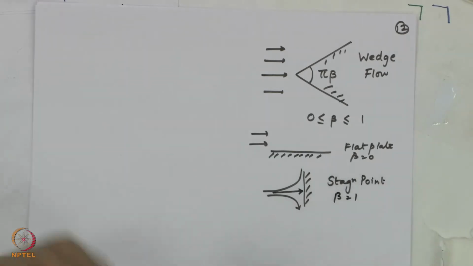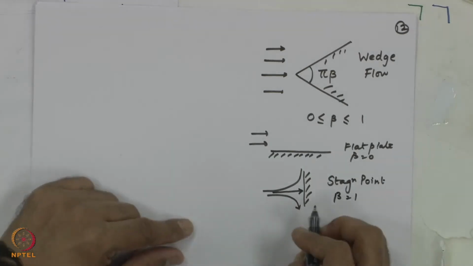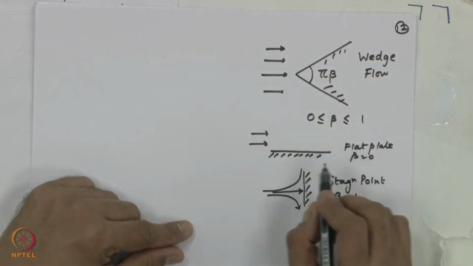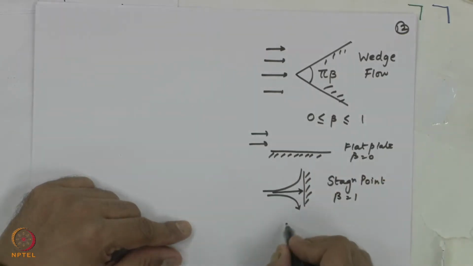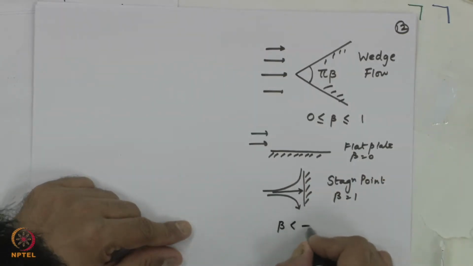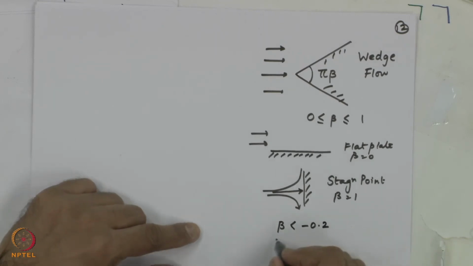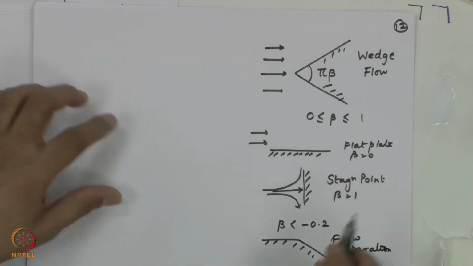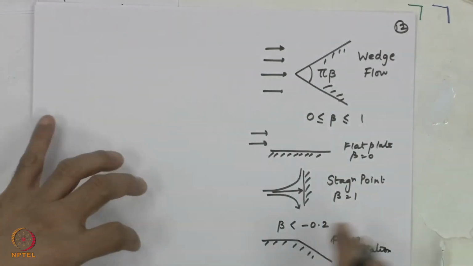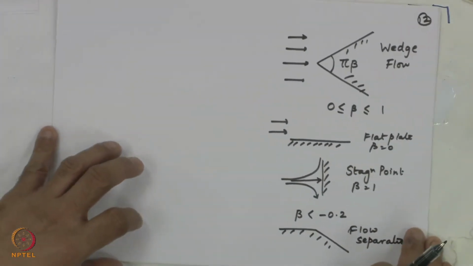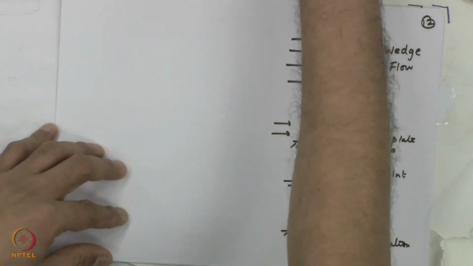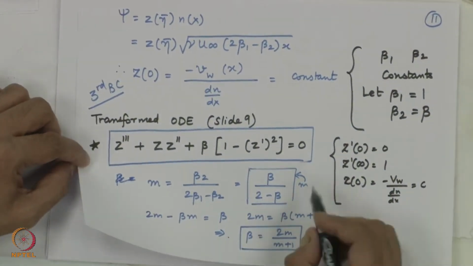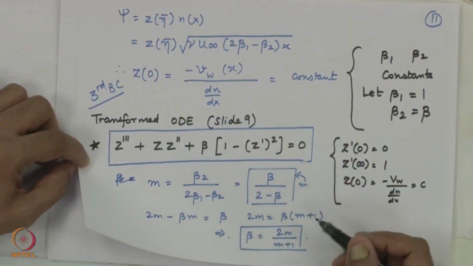Any angle beta would give rise to different solutions. When beta is less than minus 0.2, this corresponds to a wedge which is like this. This is the case of flow separation. So, an entire family of flow situations can be solved by solving this differential equation with different values of beta.